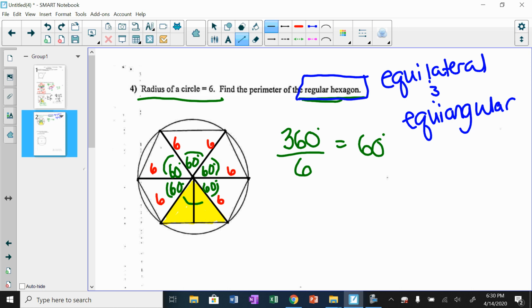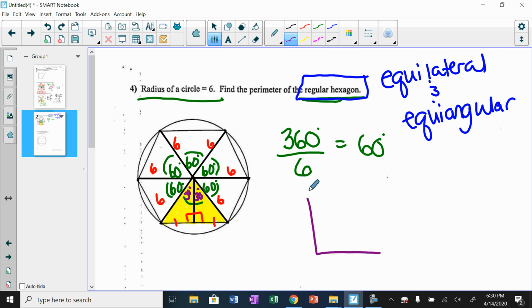And remember, I'm going to draw that radius perpendicular. And if it's perpendicular, then it also bisects. So that means these triangles are congruent. So that top 60-degree angle is getting split into 2 30s.